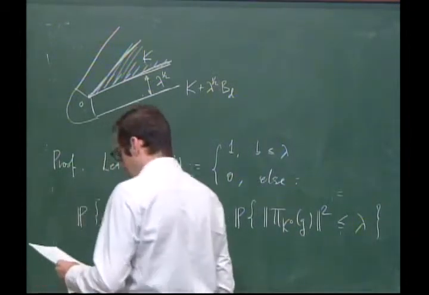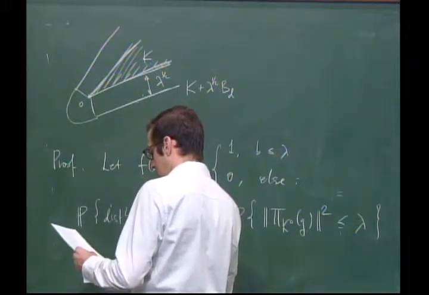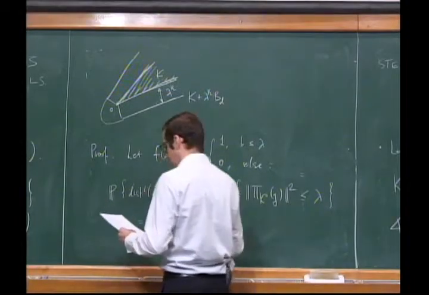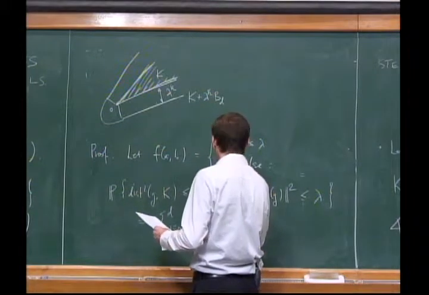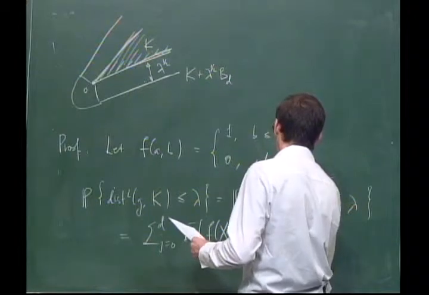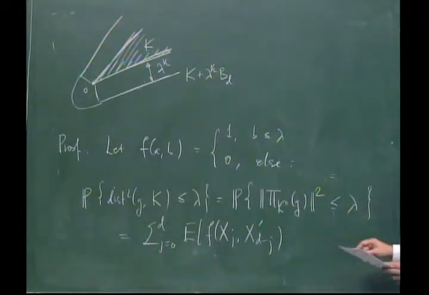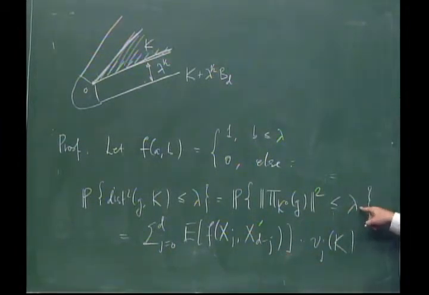And applying the Steiner formula, we find out that this is the sum from j equals 0 to d of the expectation of our function f at x_j and x_{d-j}', times the intrinsic volumes of the cone. Remember that the second variable is the one concerned with the polar cone.